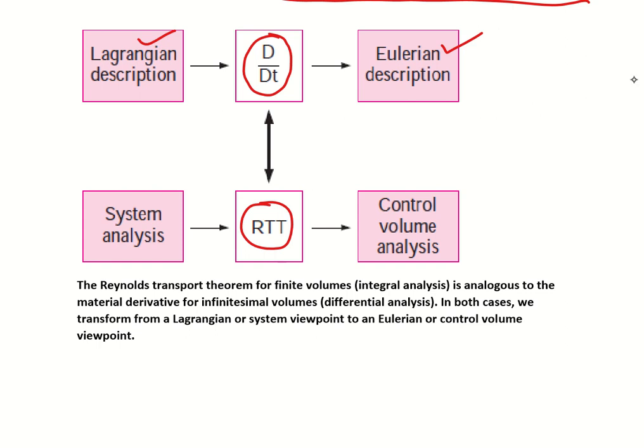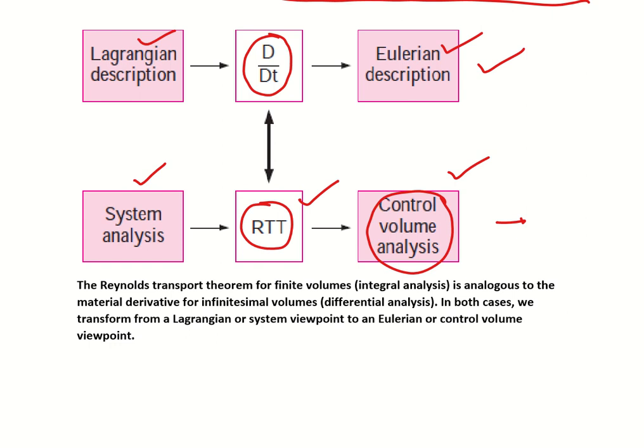Infinitely small volume means we have a differential approach, and in case of RTT our volume was finite, so we are taking an integral approach. RTT relates the system analysis, meaning the Lagrangian description, to the Eulerian description, which is known as control volume analysis.